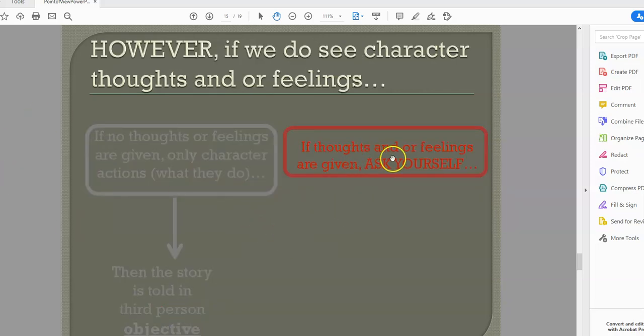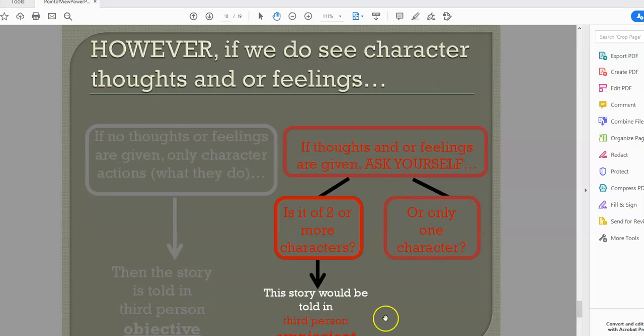However, if you hear thoughts and or feelings, and those thoughts or feelings are given by the narrator, then ask yourself, do you know the feelings of 2 or more characters? Or are you only hearing the feelings of one of the characters?